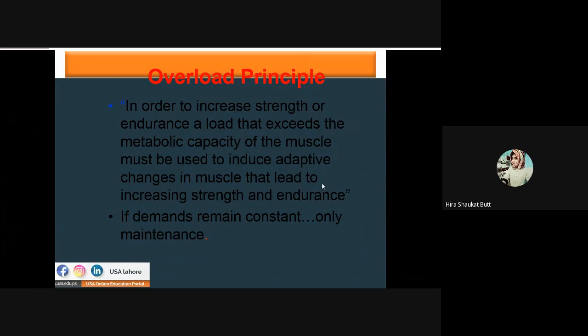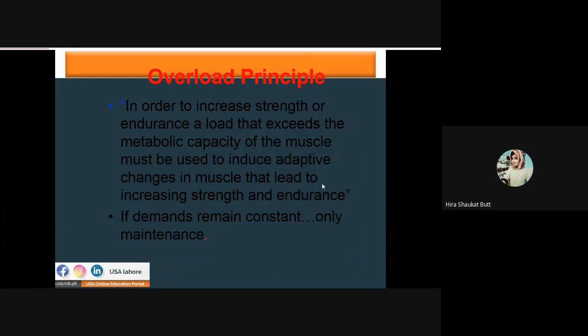So in order to increase strength or endurance, an overload must be imposed on the muscle if you want to induce adaptive changes in the muscle. If the demands remain constant, then you have to maintain the demand.